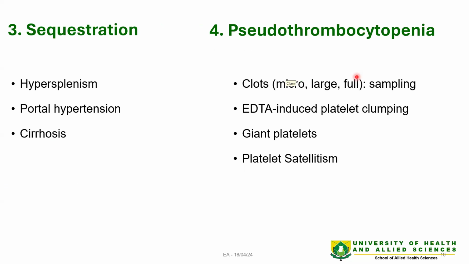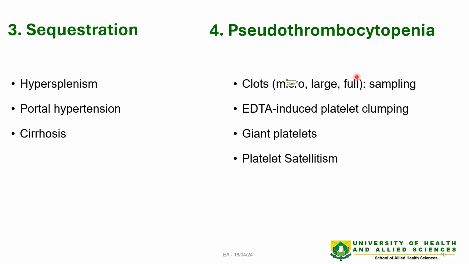So when you have hyperactivity of the spleen, already we did mention that one-third of all the platelets produced in the bone marrow are stored in the spleen. So when there's hypersplenism, this results in further sequestration of platelets within the spleen. And this could result in some form of splenomegaly.